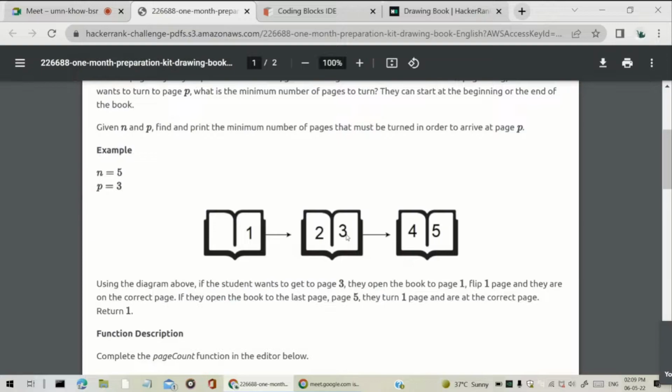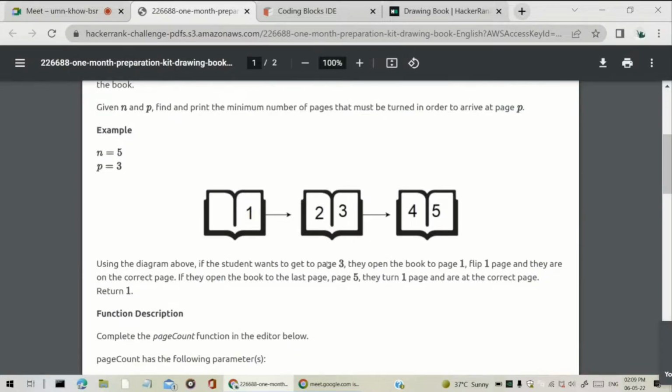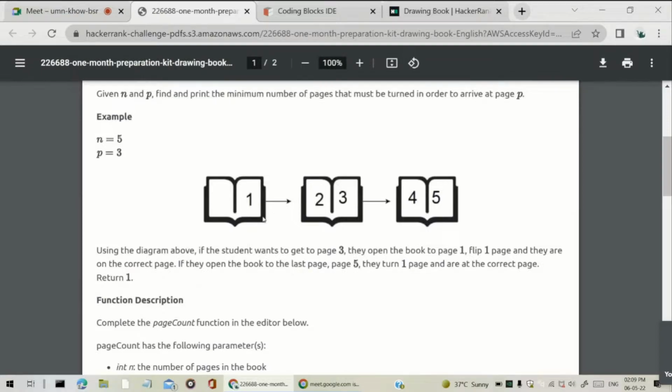So we can flip from either side, either from this side or from this side. But the main thing here is we need to flip the minimum number of pages. So in this example, we can flip one page from the front to get the third page, or we can flip one page from the back side in order to get the third page.